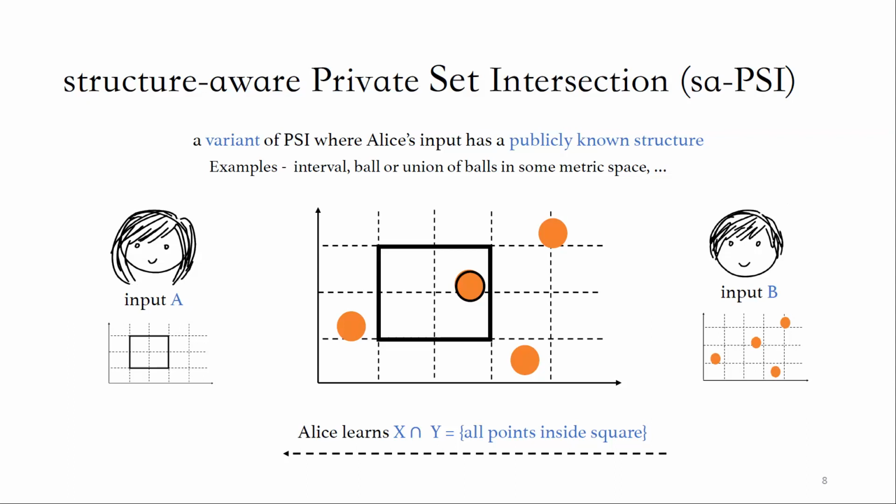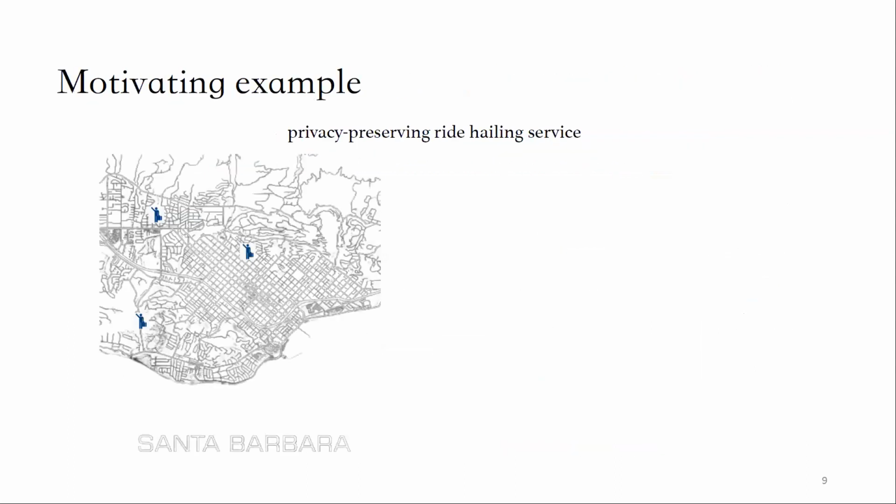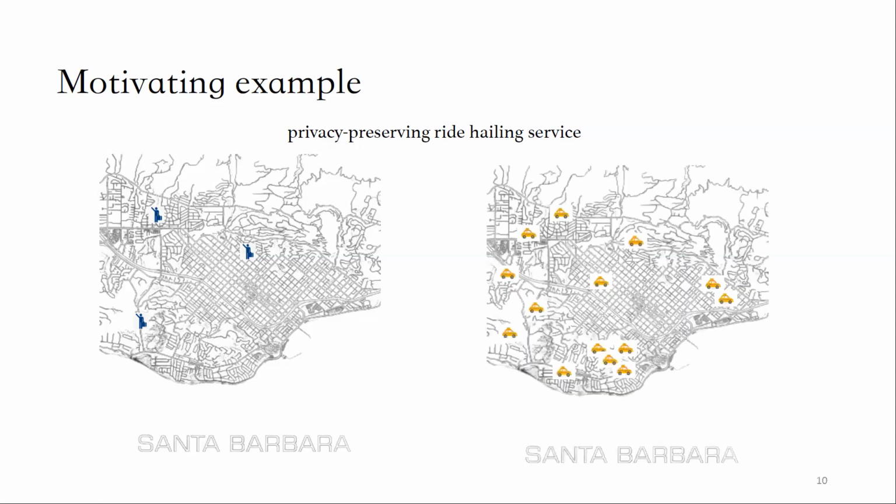So this is a cool formulation. And where can something like this be useful? Well, one of my favorite applications is this privacy-preserving ride-hailing service. Imagine that you're looking for a ride, but you're also privacy conscious, so you don't want to reveal your exact GPS location to the cab service or the drivers in the area. So the goal is for you to be mapped with the closest available driver, maybe someone who's within delta distance of your location.